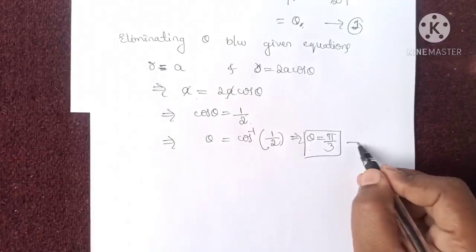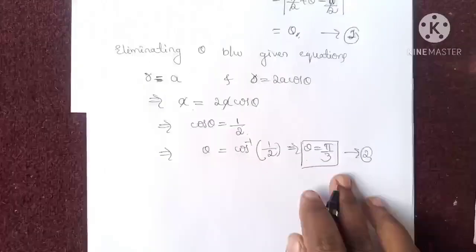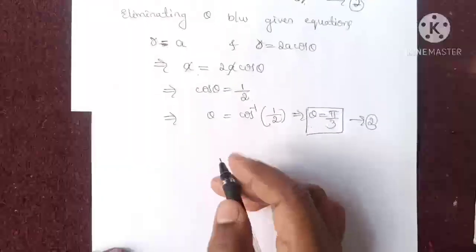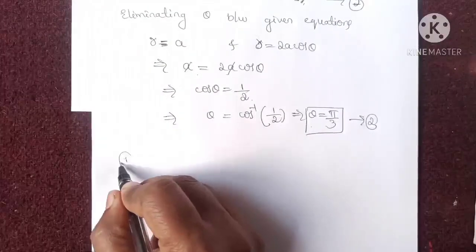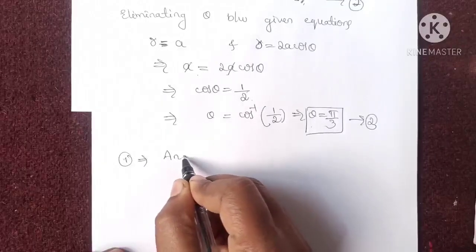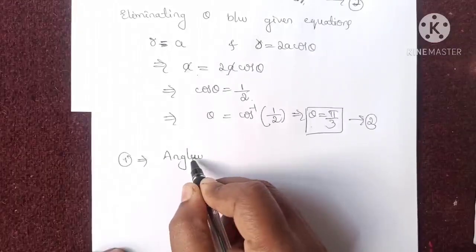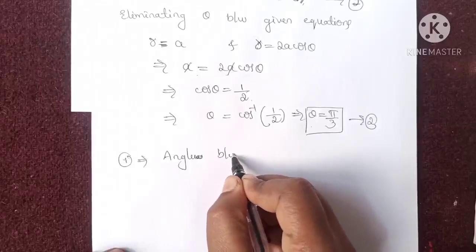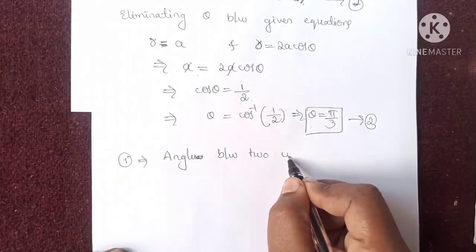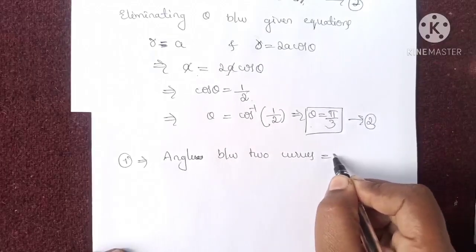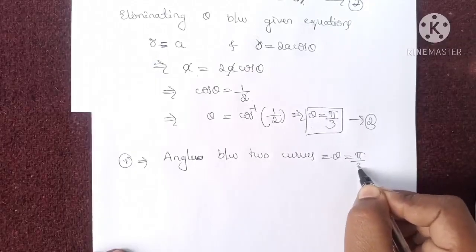Therefore substituting this theta value into equation 1, the angle between two curves equals theta, which equals pi by 3.